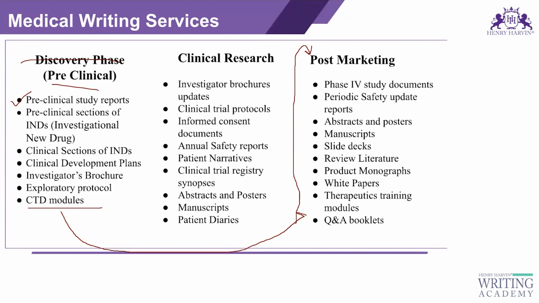It is a kind of dossier that contains several documents. The CTD itself is made up of 5 modules. Module 1 is related to administrative information related to the drug, and that changes from region to region.